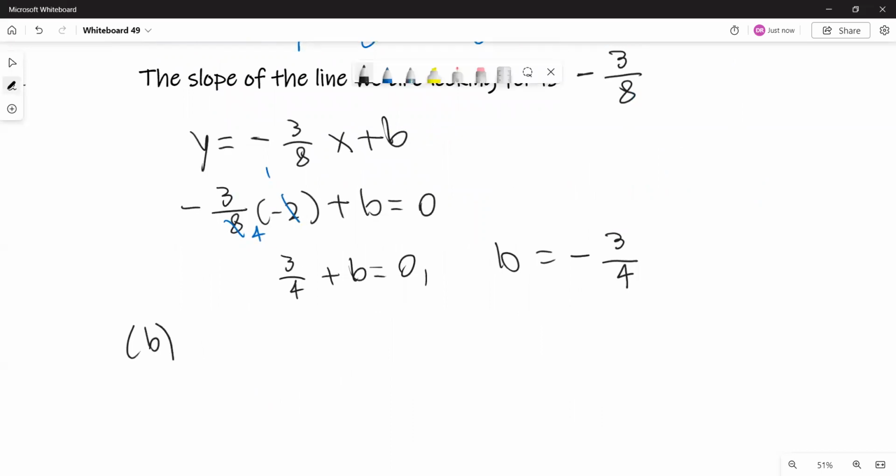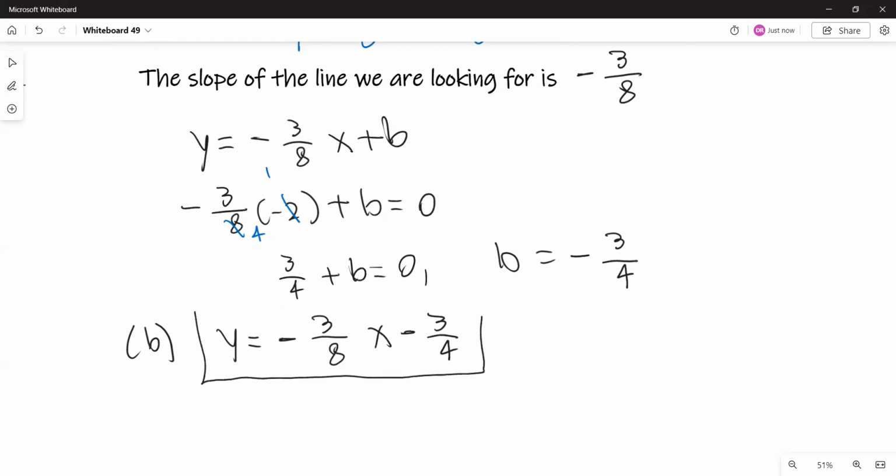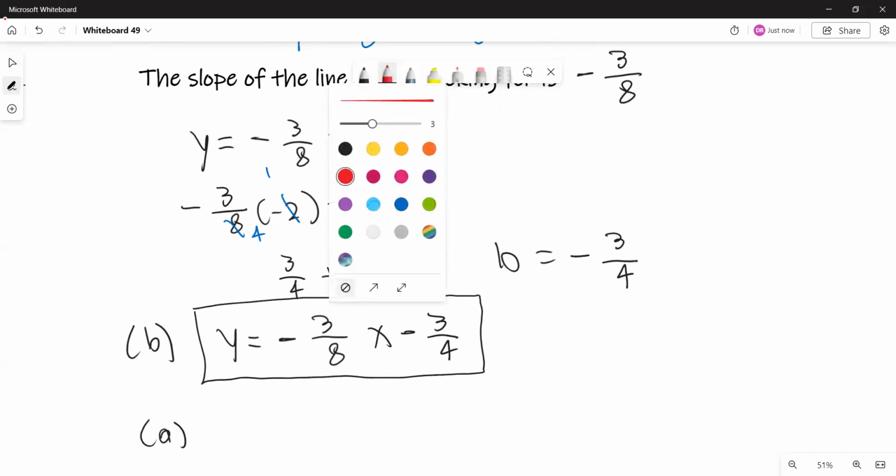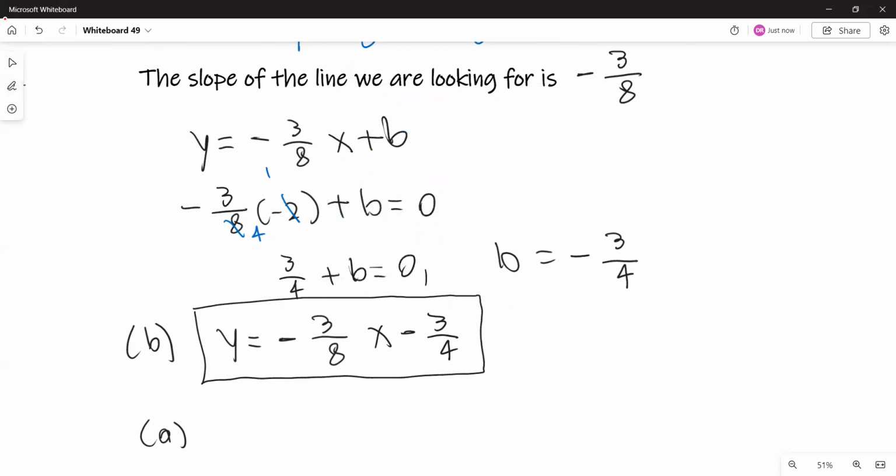Okay, so first they are asking us for the slope-intercept form. The slope-intercept form is y equals minus 3 over 8 x minus 3 over 4. And for the standard form, we can multiply both sides by the least common denominator. In this case it is 8.